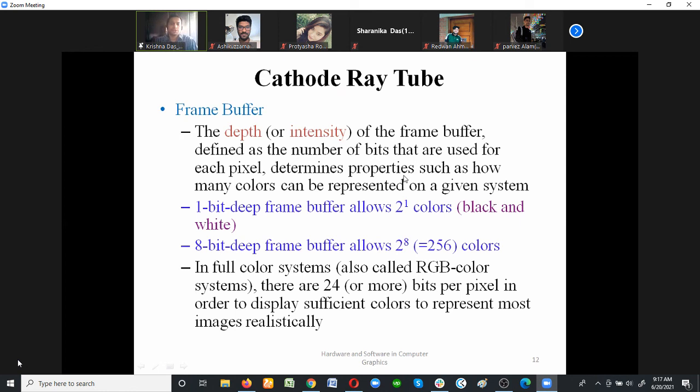That is what we understand as a high quality picture, low quality picture, and so on. The number of bits used for each pixel is called the depth of the frame buffer, and that determines properties such as how many colors can be represented on a given system.